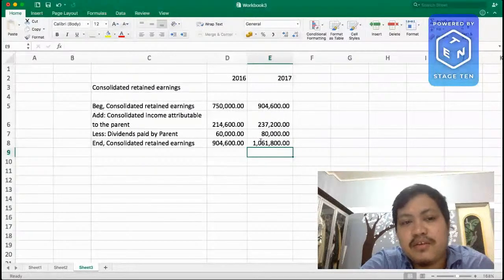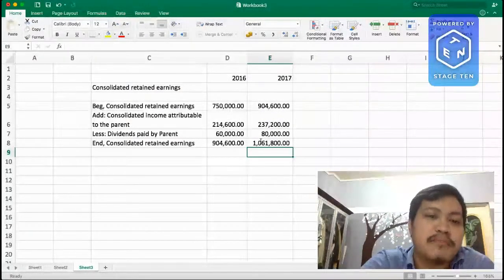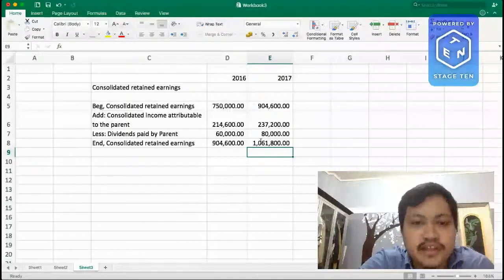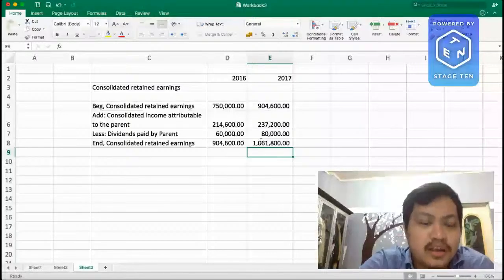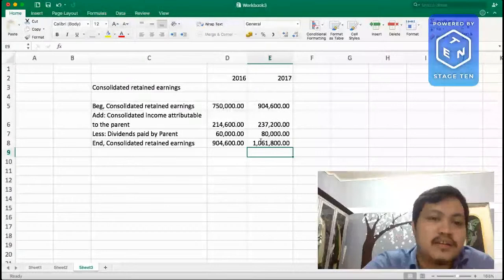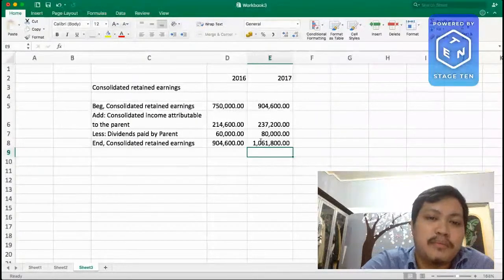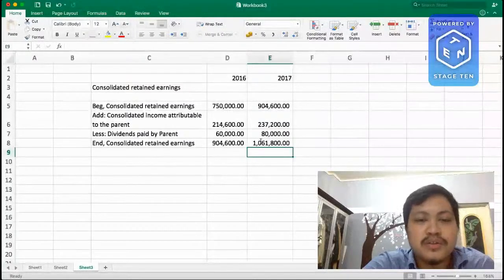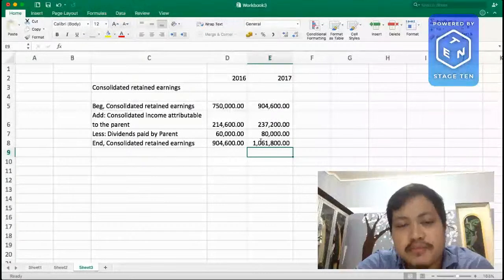We expect the consolidated retained earnings to be higher than the retained earnings reported by the parent in its separate financial statements. Why? Because the retained earnings of the parent only includes its operations, only includes its income. But the consolidated retained earnings will also include the share of the parent in the income of the subsidiary.